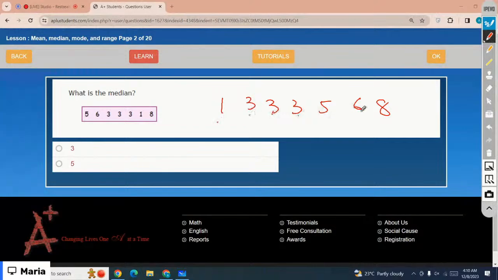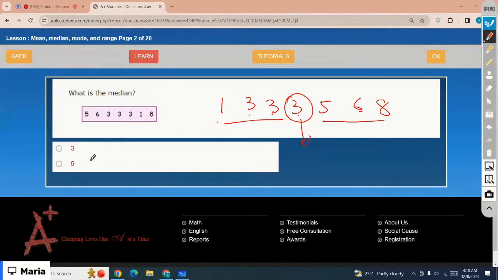There are 7 numbers, so the fourth one is the middle one, because here you have three numbers and here you have three numbers. Right before 3 you have all numbers that are less than or equal to 3, and right after 3 you have all the numbers that are greater than 3. Got it? So the median is 3.